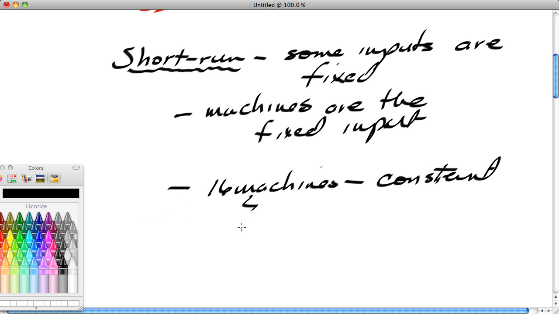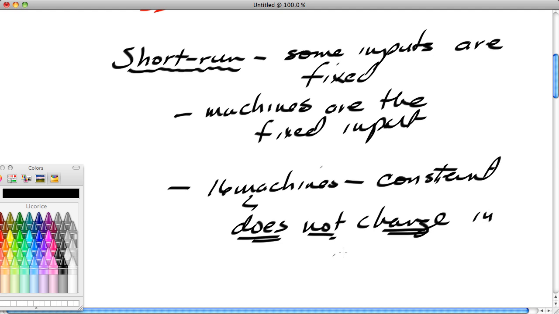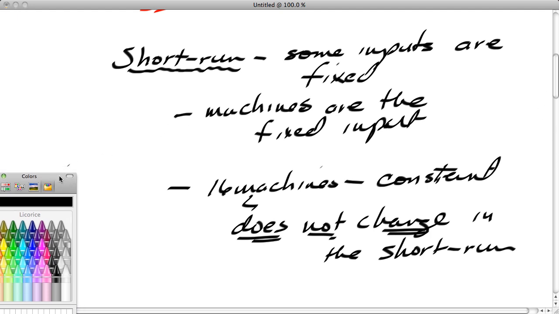So make a note, this does not change in the short run, which is the analysis we're doing in this video and in the next one. Okay? So throughout this analysis, we hold the number of machines constant.